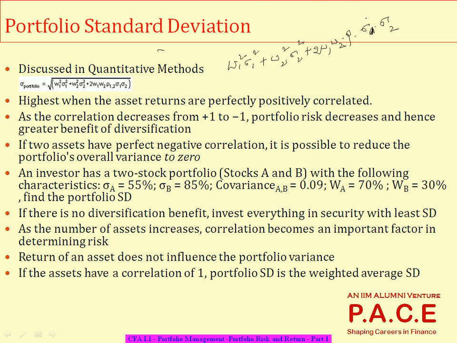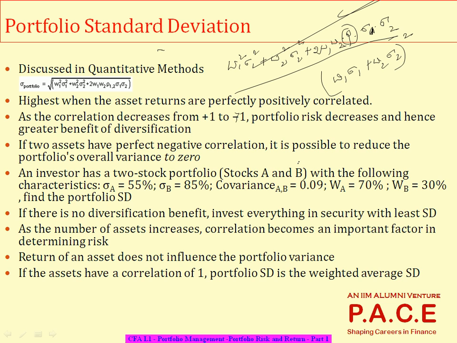Now I assume, let's say, the correlation is 1, perfectly positively correlated. Now this equation is nothing but W1 sigma 1 plus W2 sigma 2 whole square: W1 squared sigma 1 squared plus W2 squared sigma 2 squared plus 2 W1 W2 sigma 1 sigma 2, which is nothing but W1 sigma 1 plus W2 sigma 2 whole squared.